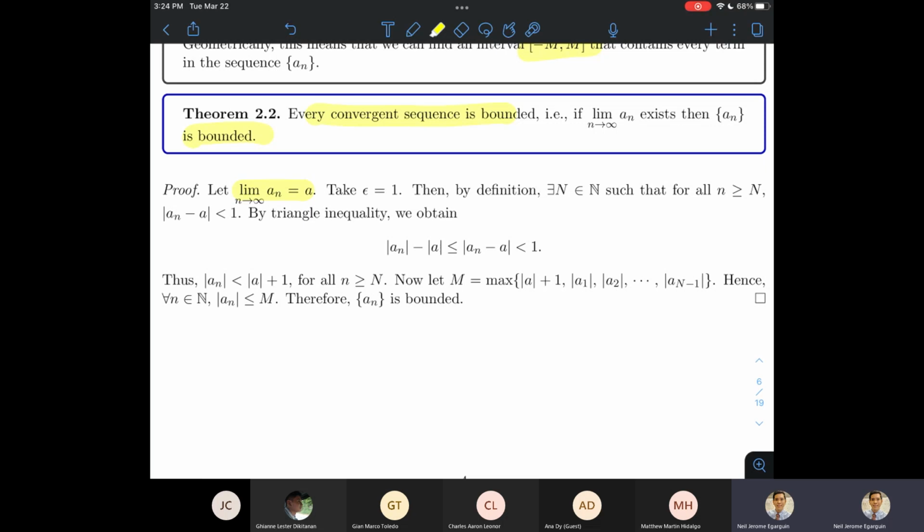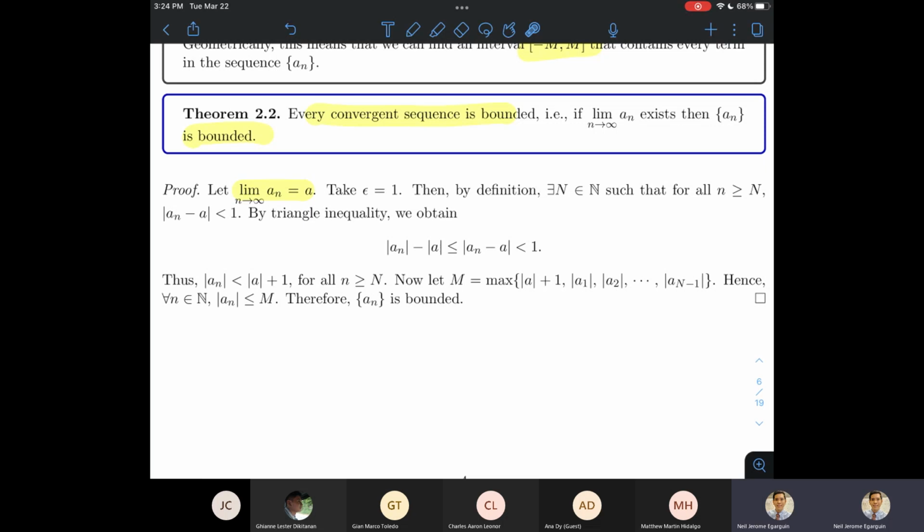Okay? Now, kung totoo yung definition na yun, or kung totoo yung inequality sa kahit na anong choice ng epsilon, then why not take a specific epsilon? Say epsilon is equal to 1. But actually, you can pick any epsilon for the proof, all right? It's just that the lecture notes show epsilon equals 1.